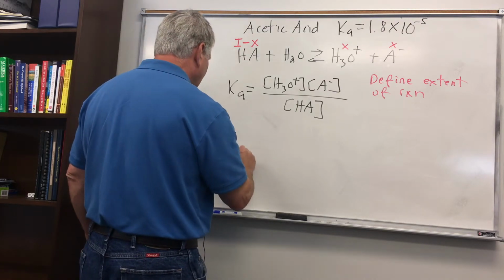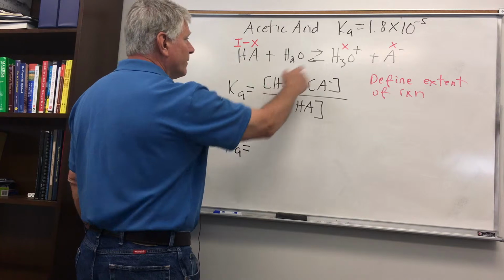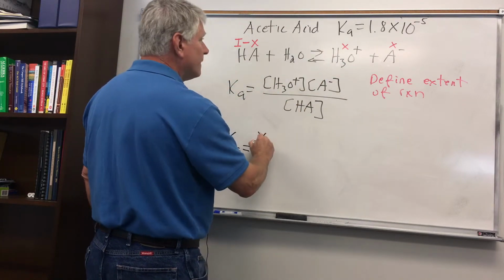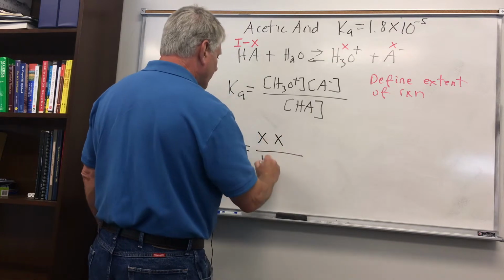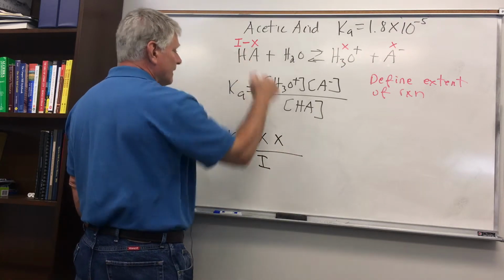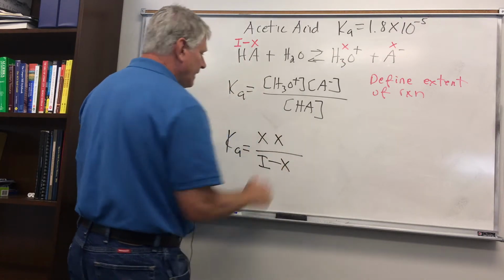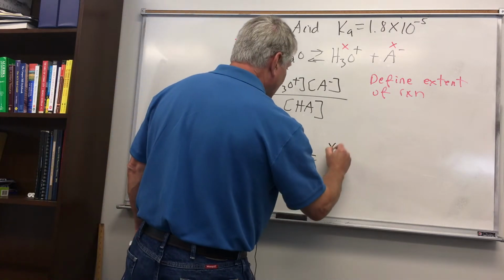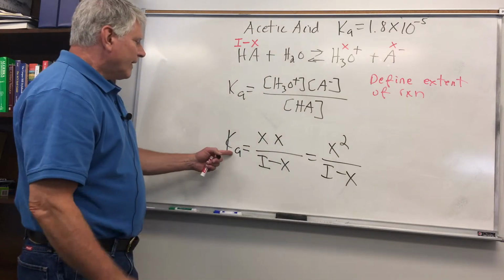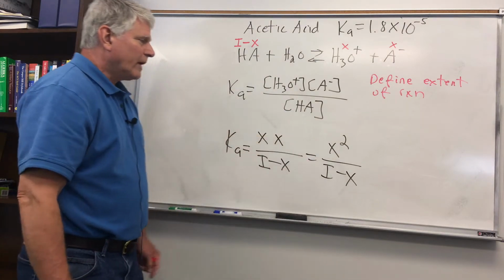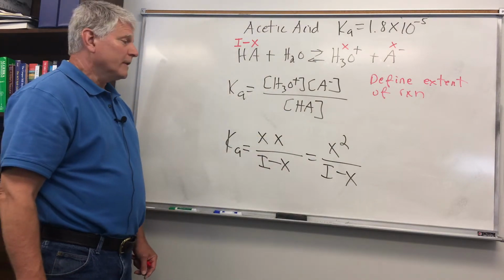So now Ka is equal to H3O+, which is X, A minus, which is X, over the initial amount minus X for HA. So this will give us X squared over initial amount minus X. So we know the value of Ka, so we can easily solve for X using the quadratic formula.